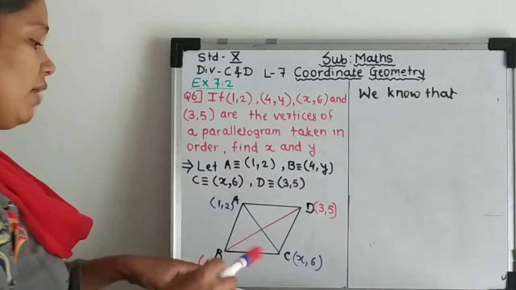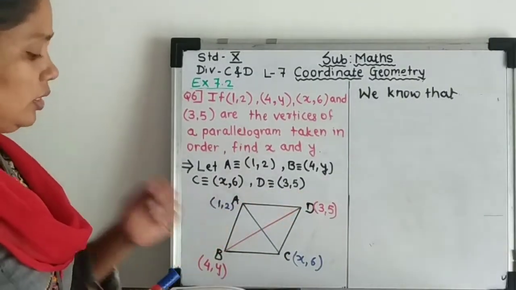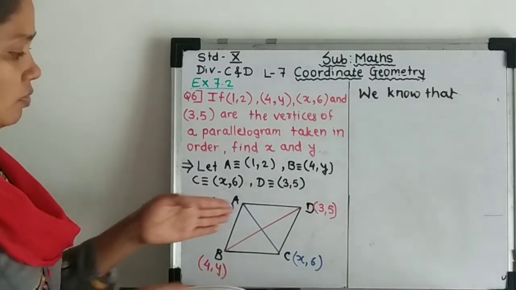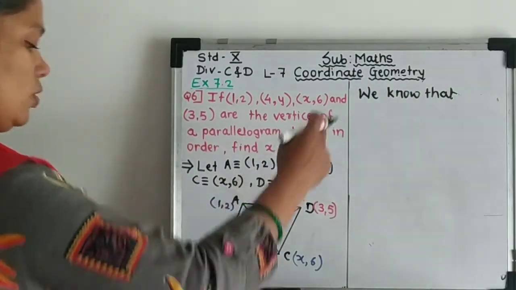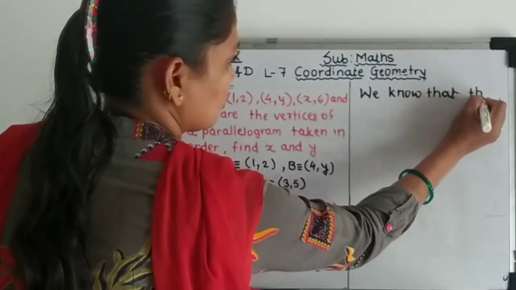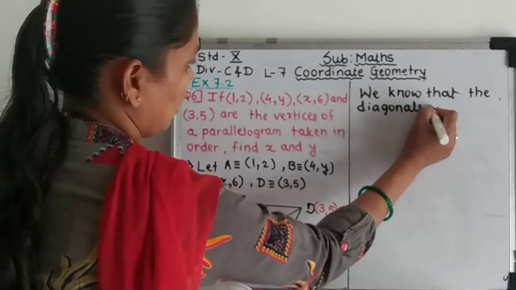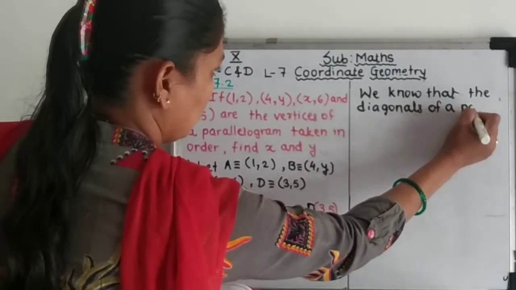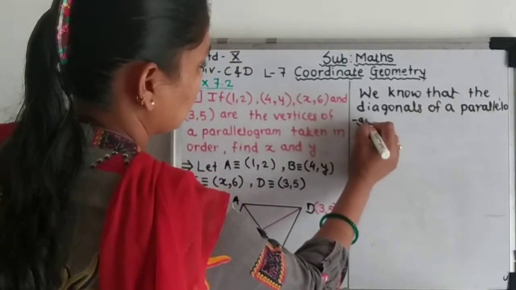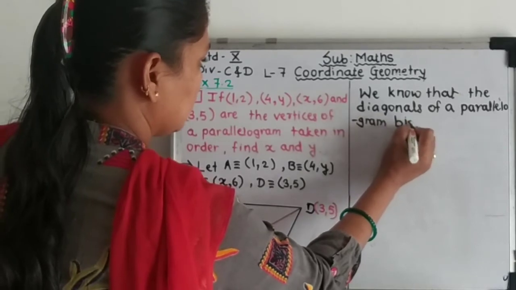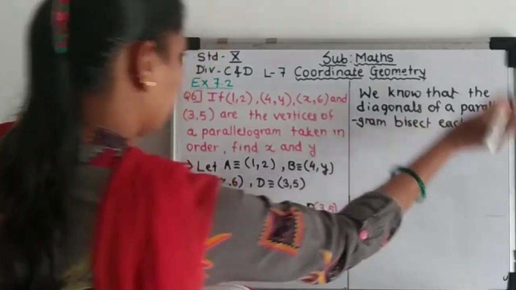We have got 2 diagonals, that is diagonal BD and diagonal AC. So these diagonals bisect each other. That statement I will write here: we know that the diagonals of a parallelogram bisect each other.